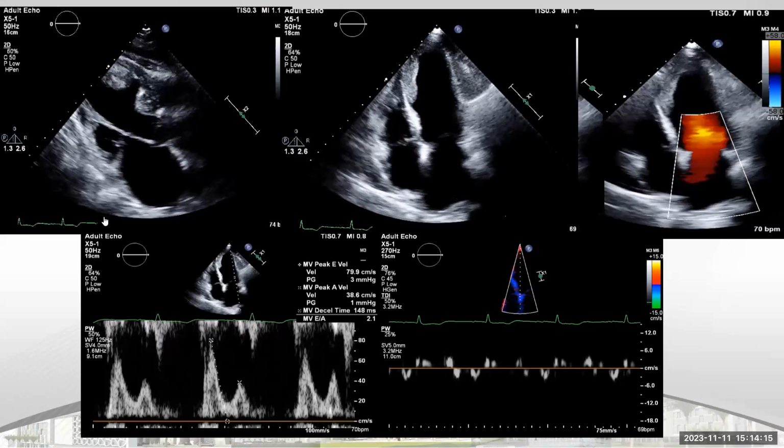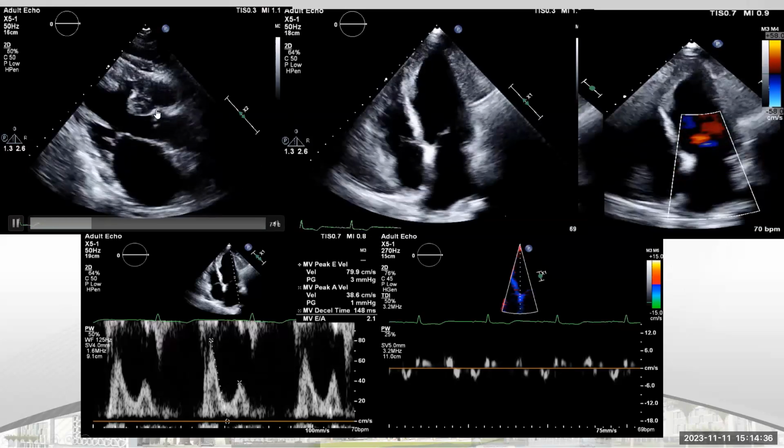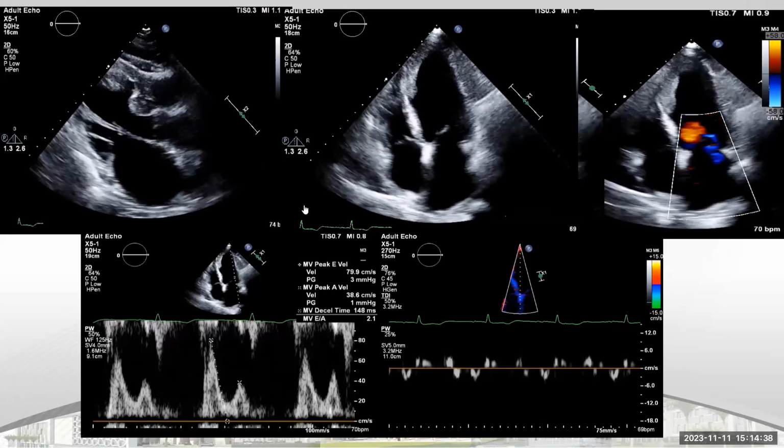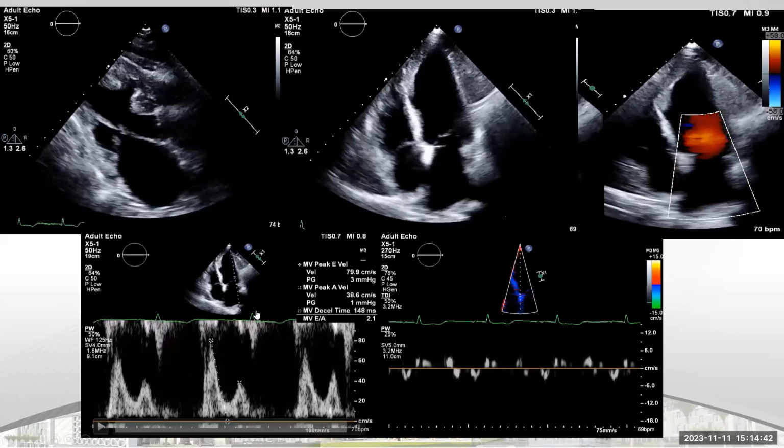Let's see the answer. LV aneurysm, severe dysfunction and restrictive. Okay, till now all of this is correct, but there is some major abnormality. So as you see here, systolic dysfunction is important, dilatation.